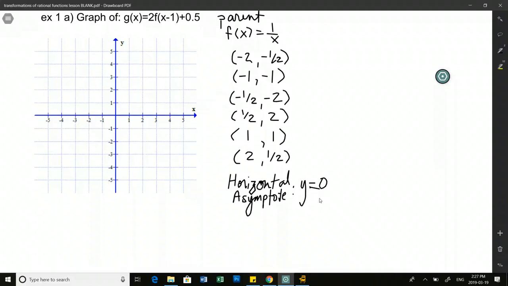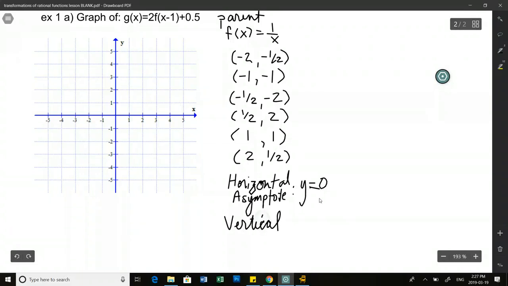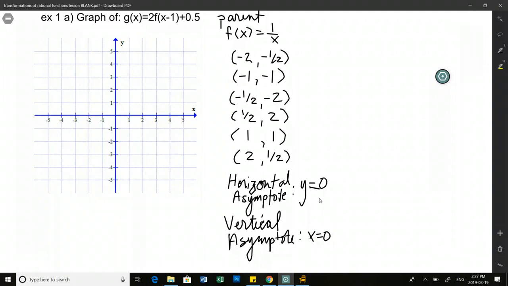Sorry for the messy writing on here. The board is just not keeping up with me. And we have our vertical asymptote at x equals 0, and we know that moves with our d value. Okay? I would consider these two things right here as part of the key points. They're a key piece of information that we need to transform.